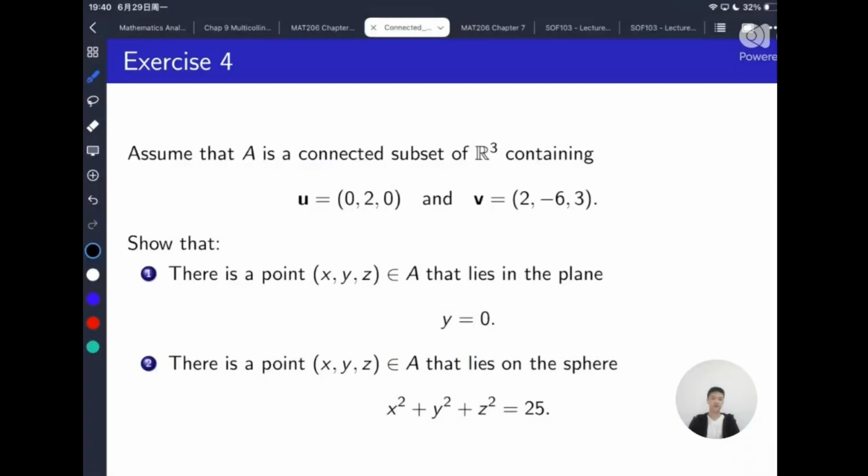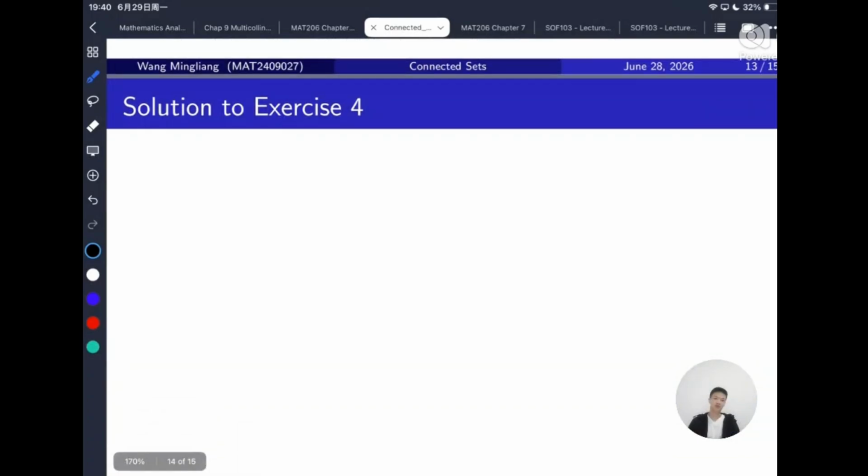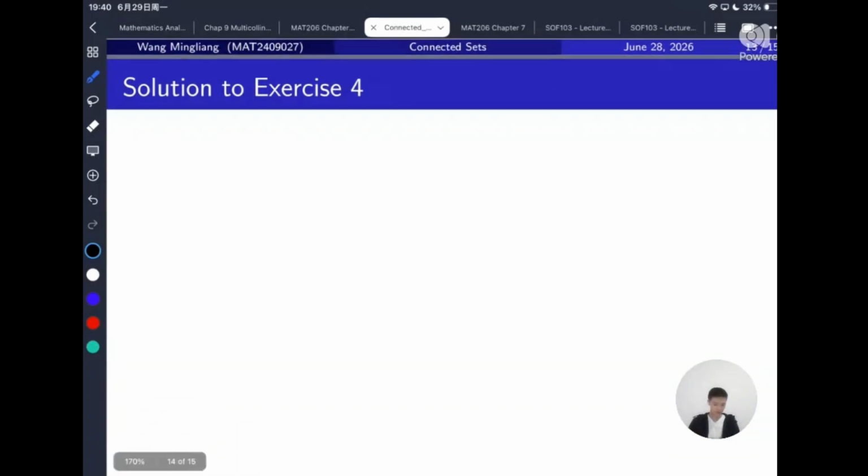Let's look at the final example. Assume that A is a connected subset containing 2 vectors. We want to show that there exists a point whose y equals 0, and there exists a point lying on the sphere. We use the IVT to do this problem. We define a continuous function f1.